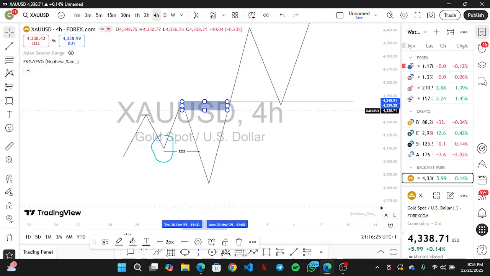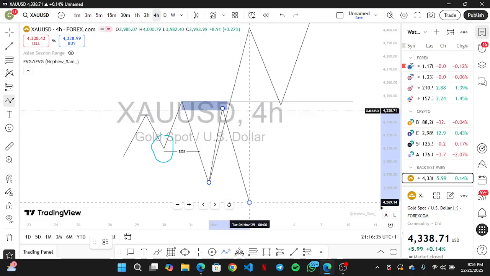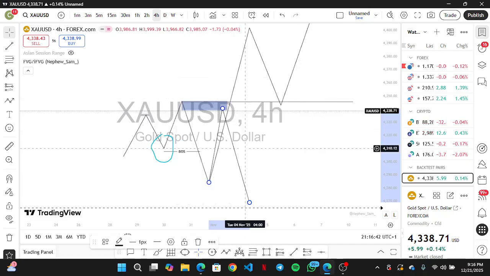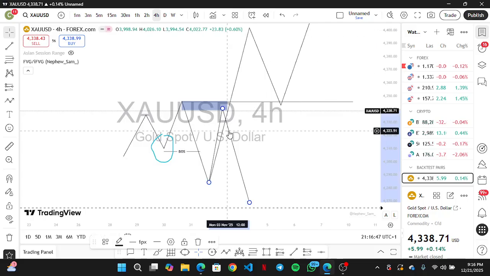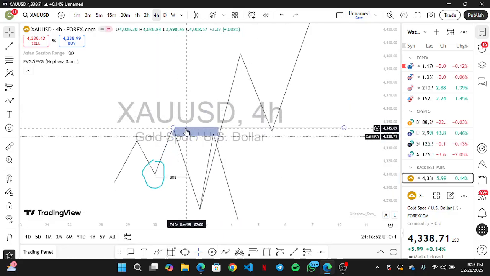In a regular scenario, price should have done something like this and gone back down. But instead, price didn't do that. Price broke through it, and not just breaking through it, it broke through it with impulse and went up, invalidating it. Now that place that is invalidated will become a support zone. From a resistance zone, it will become a support zone.